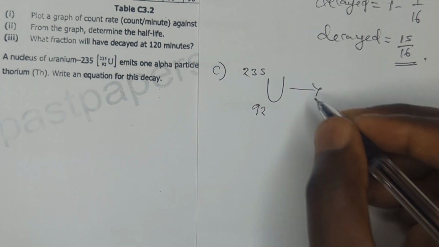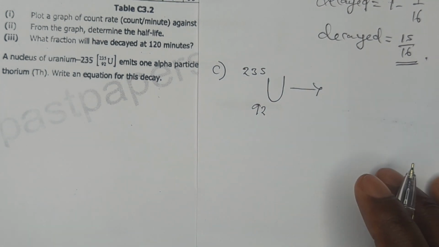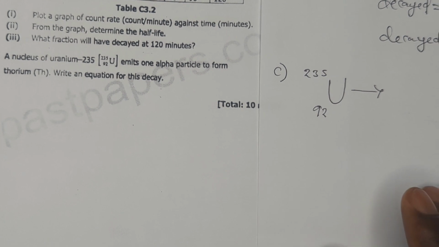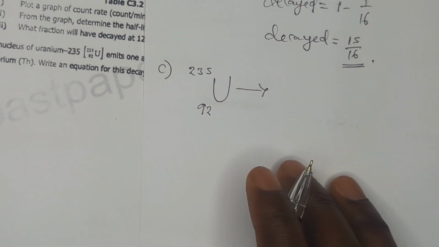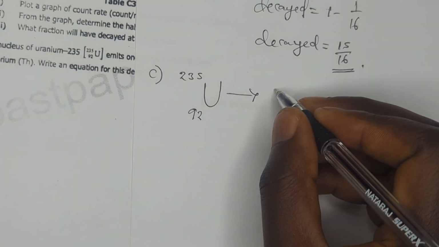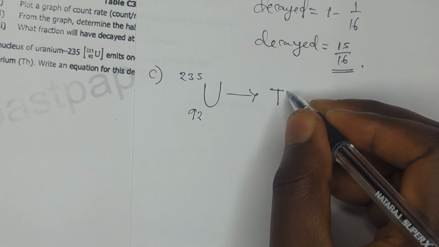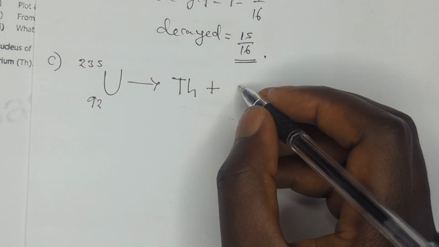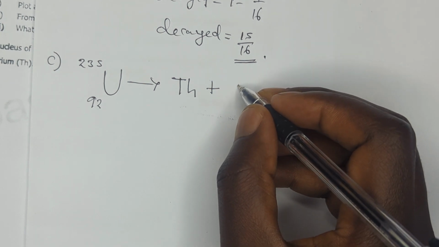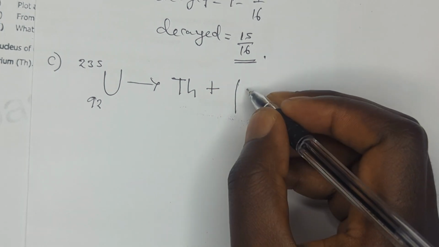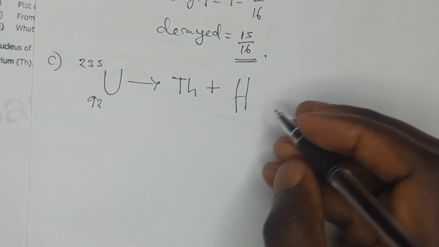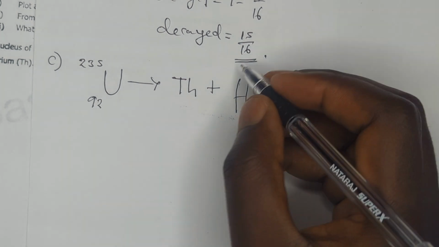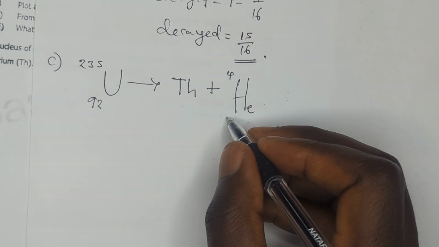It emits alpha particle to form thorium. So thorium, it is being represented by Th plus an alpha particle. Alpha particle, it is being denoted with this, which is helium. So here we have 4 and here we have 2.